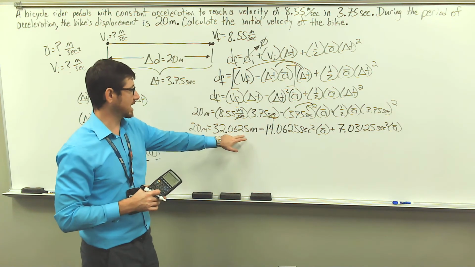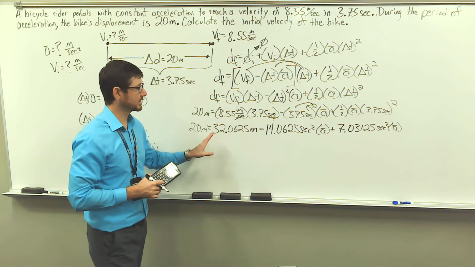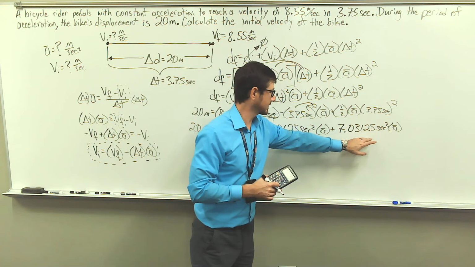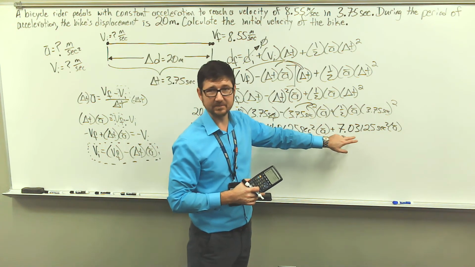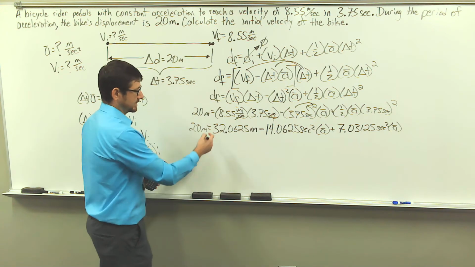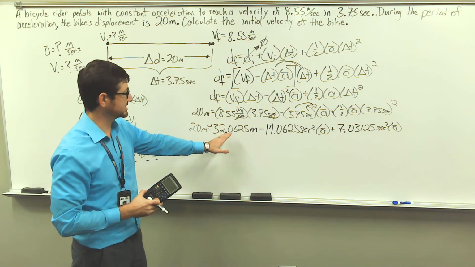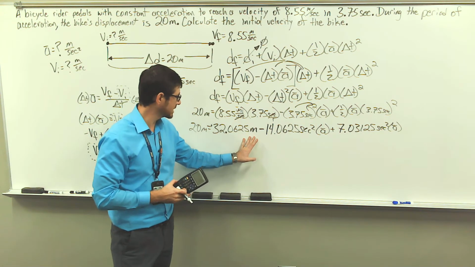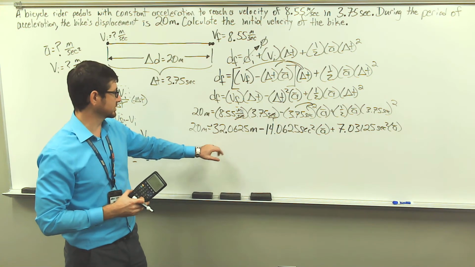So we need to combine these two values because they both have units of meters. And right here, we can combine these. They have the same units and the same variable, acceleration. There's an understood plus sign here. This is a positive 32.0625 meters. Let's subtract this from both sides of the equal sign.